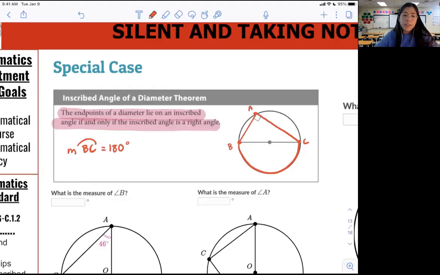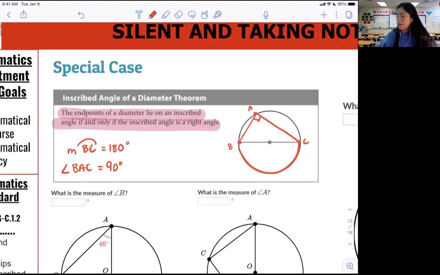And if that arc is 180 degrees, that means that angle BAC has to be half of that amount, which is 90 degrees. Okay, so there you go.